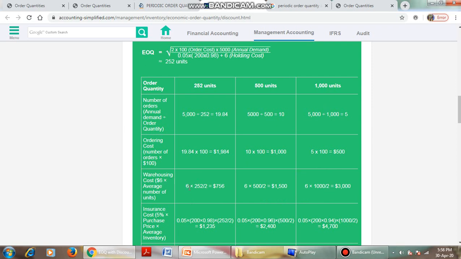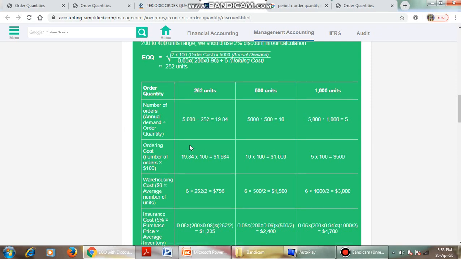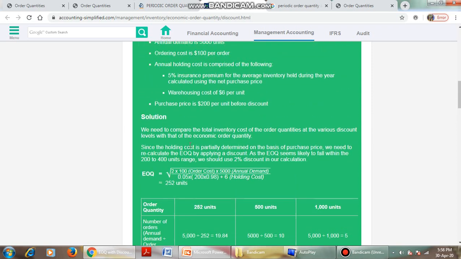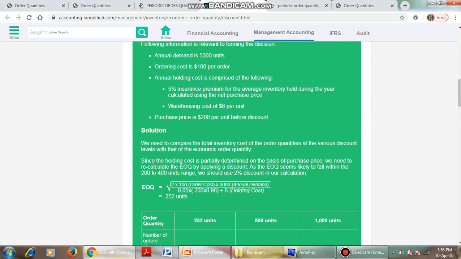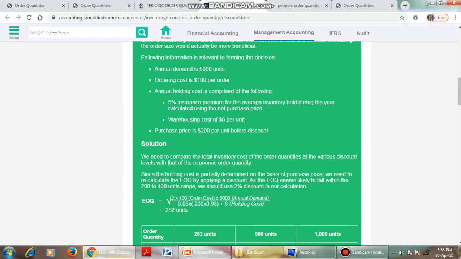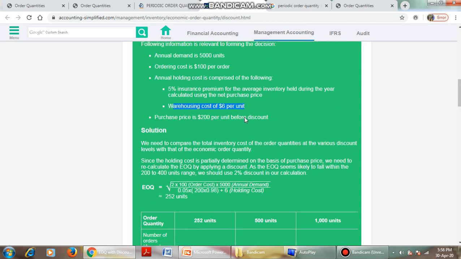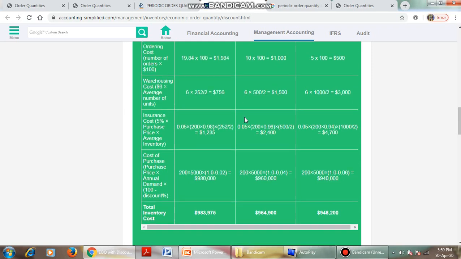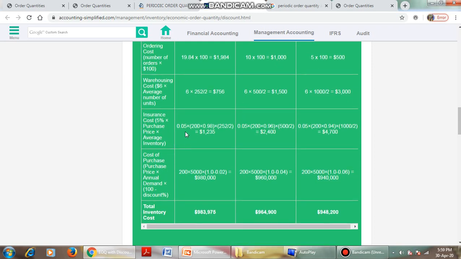The 6 is our holding warehouse cost, clearly mentioned here. Then the insurance cost is 0.05 into 200 into 0.98 into the average 252 by 2. The same for 500 and 1,000.